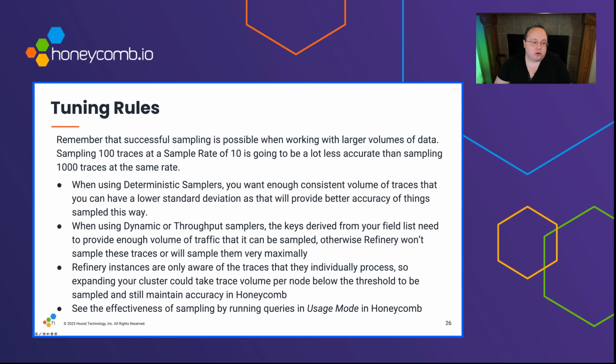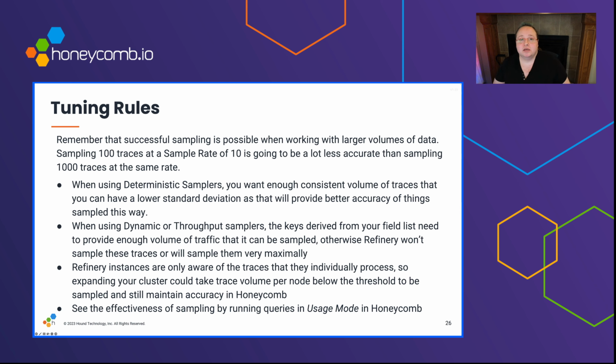Also remember that Refinery instances are only aware of the traces that they individually see. So when you expand and start having a cluster of Refinery instances, your traffic is being divided even more.